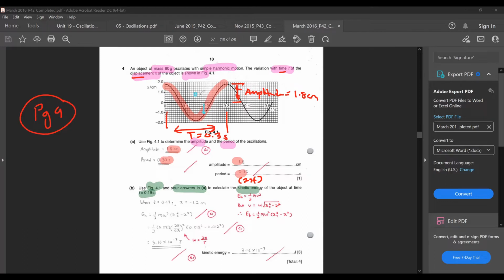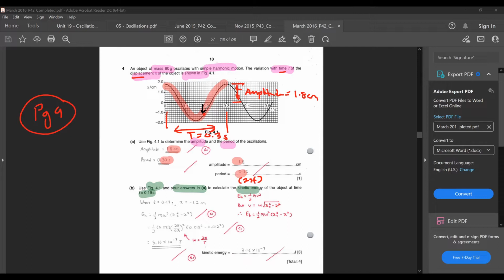Maybe I better use black to highlight it. So 0.19 is right over here. So they want the kinetic energy specifically at that time with that displacement.